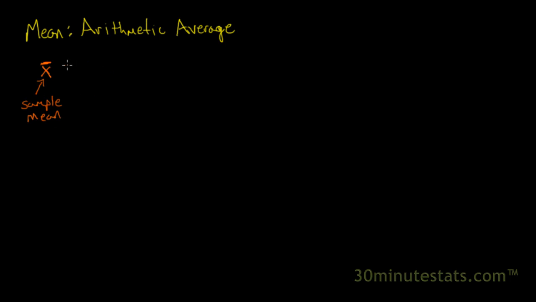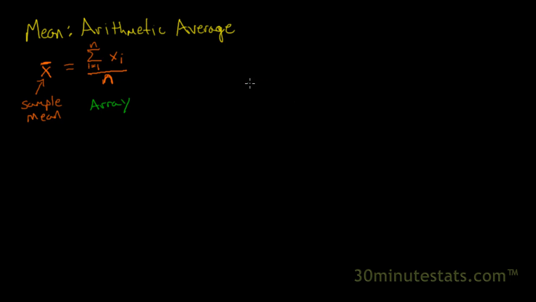And we calculate that as the sum from the ith observation, or the first observation, to the nth observation, where we sum up the values of x and then we divide by n, or our sample size. And we used this to calculate the mean for an array of data where we just had a list of several numbers.